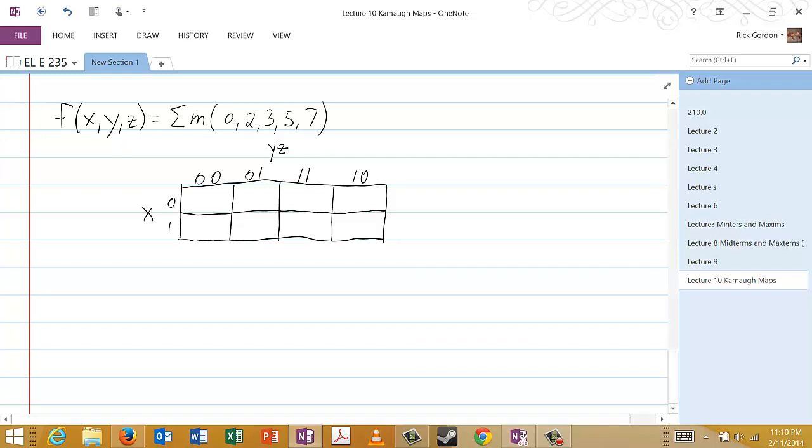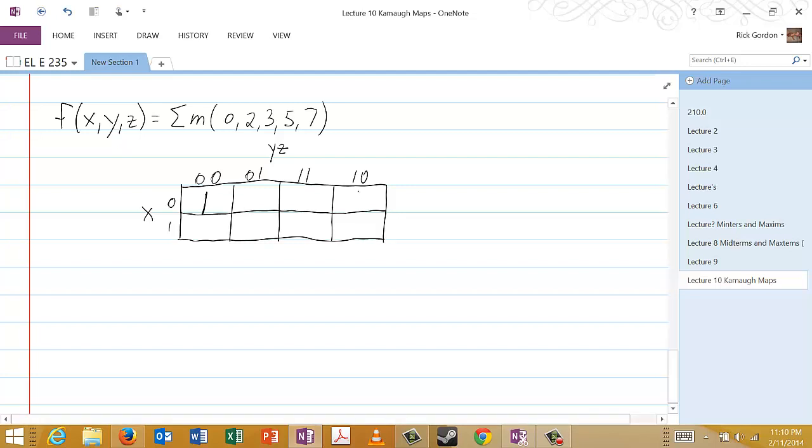Minterm 0, for instance, remember, corresponds to the binary number for 0, which is 0, 0, 0. And therefore, minterm 0 just gives us a 1 here in this cell. Likewise, 2, how do you express 2 in binary? 0, 1, 0.